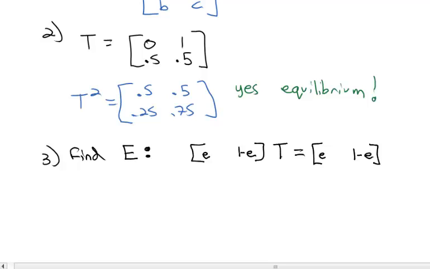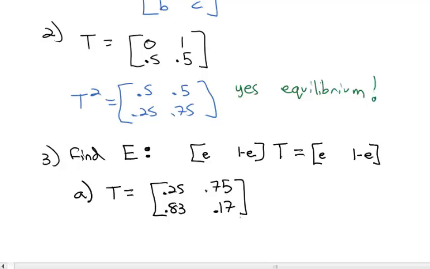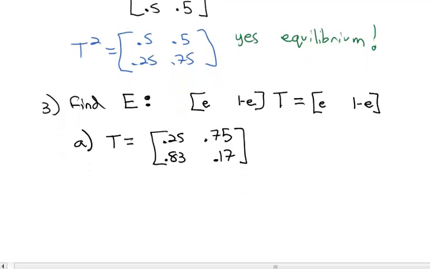So, let's say, for example, we have a transition matrix that's equal to 0.25, 0.75, 0.83, and 0.17. We want to know what the equilibrium is.